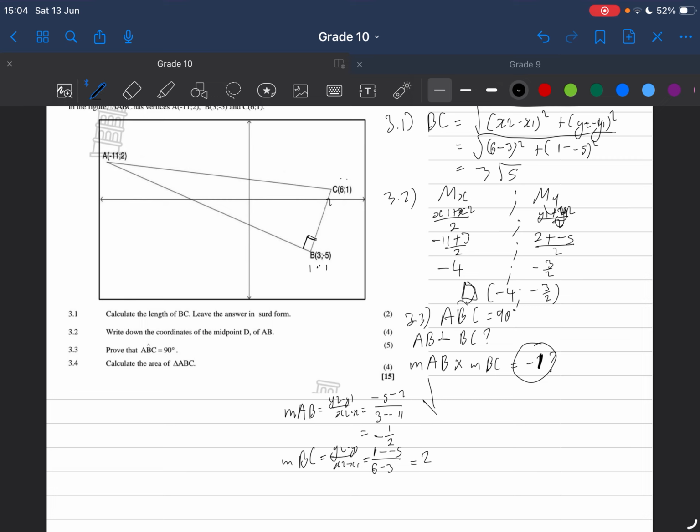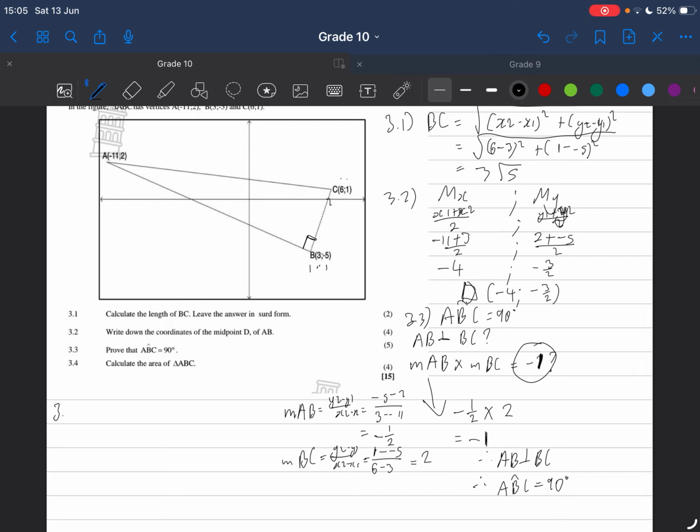So now we're going to come back here. The gradient of AB is negative a half times the gradient of BC, which is 2, and that answer is negative 1. Therefore, AB is perpendicular to BC. Therefore, angle ABC is equal to 90 degrees. And then you're done with that one.